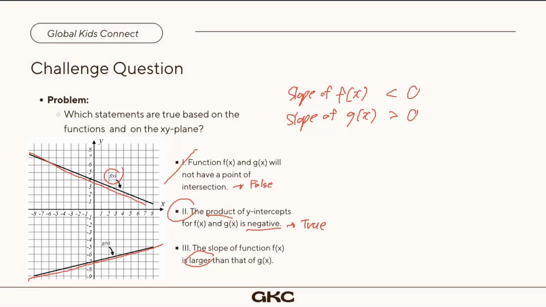And so if the slope of g of x is positive, while the slope of f of x is negative, then automatically the slope value of the positive one will be larger because it is a positive number. And so you can solve it just using mathematical intuition and basic analysis of the slopes of the lines.